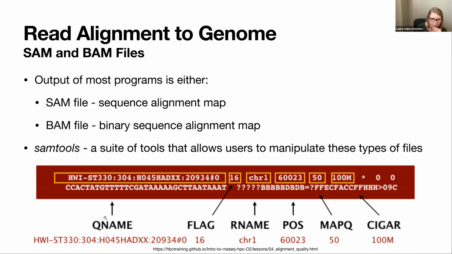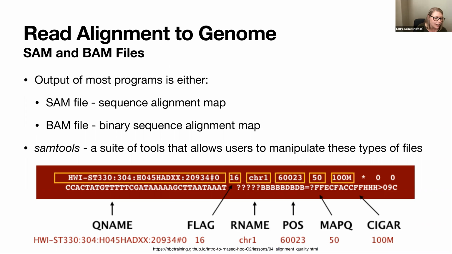In this data file, we get one row per alignment. One read may have multiple alignments, so it will appear in multiple rows. Again, this is our unique identifier for that read. A flag tells us how well it aligned, giving us lots of qualities about the concordance and things like that.